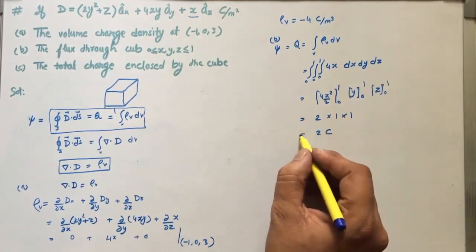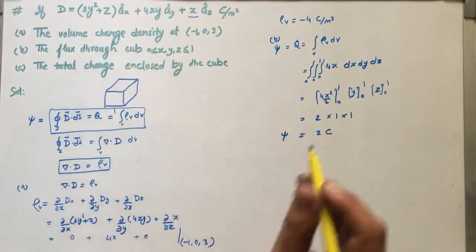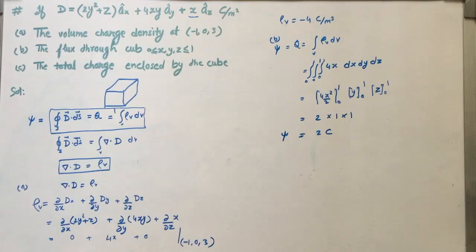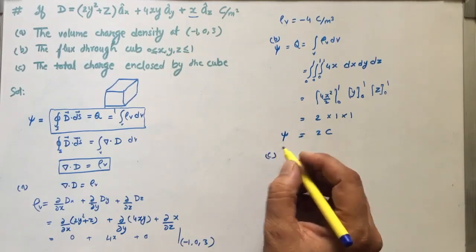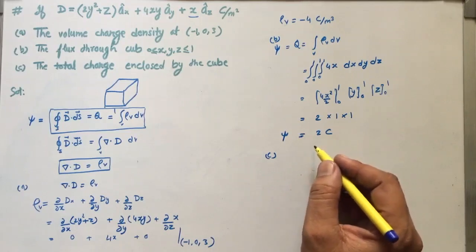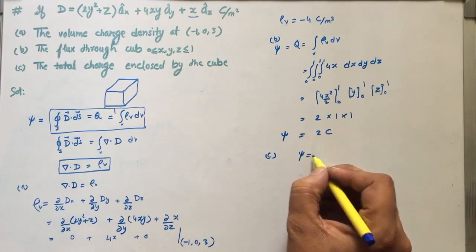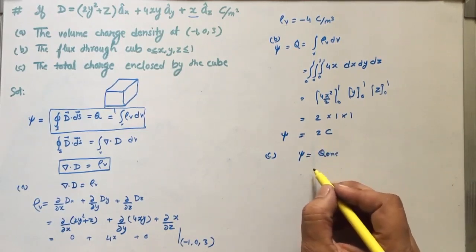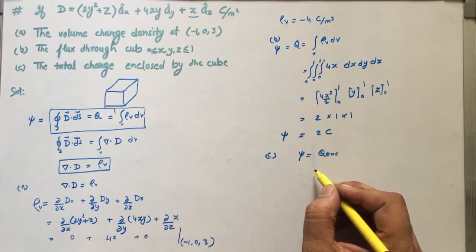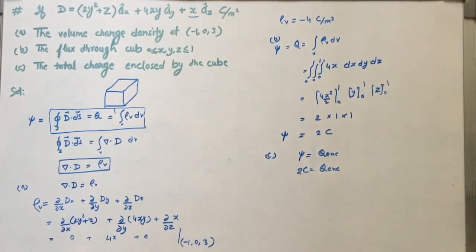That is the total flux through the cube. And for part C, the total charge enclosed by the cube, flux is equal to Q enclosed, and Q enclosed will be 2 coulomb.